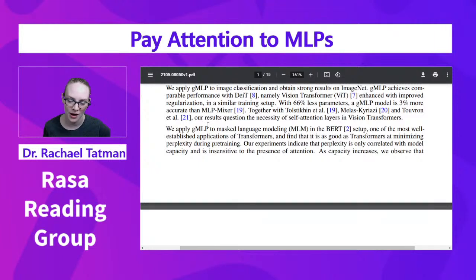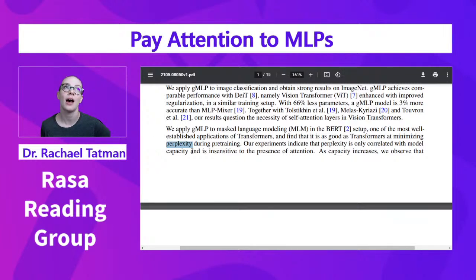They also applied it to masked language modeling in the BERT setup, so guessing the word that fills in the blank, which is the way that BERT is trained. That's one of the most well-established applications of transformers, and they find that it is as good as transformers at minimizing perplexity during pre-training. Perplexity is, I always get perplexity and entropy backwards.